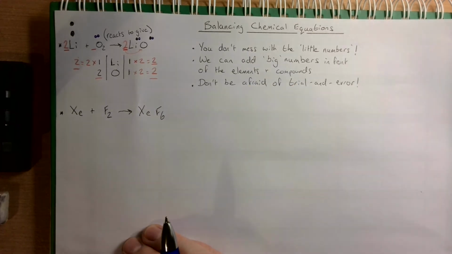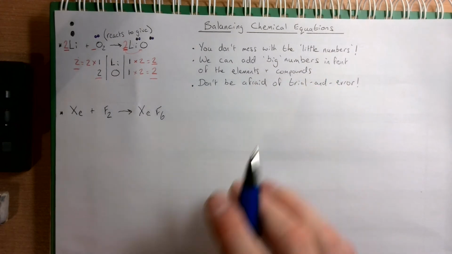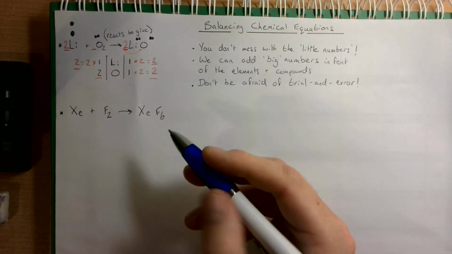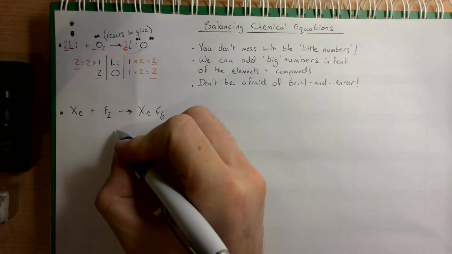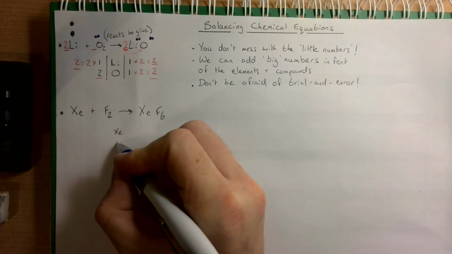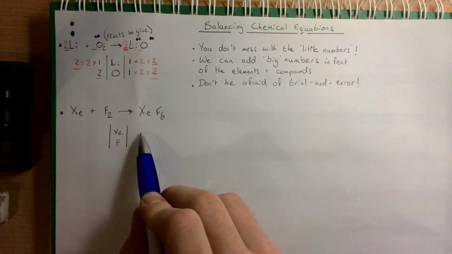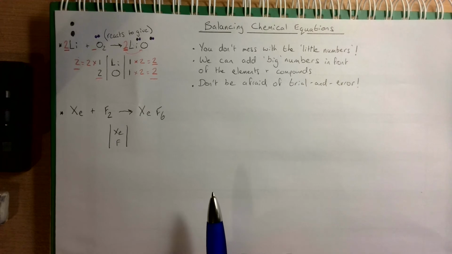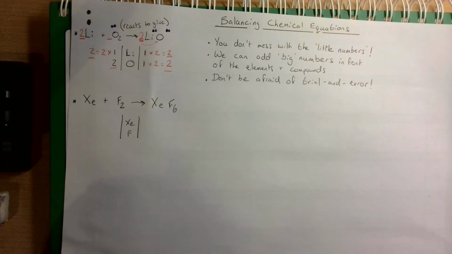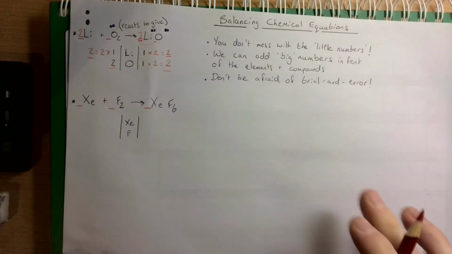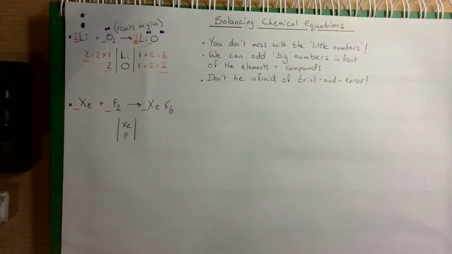Okay, so look at my rules and then write out the elements as they appear. Xenon, fluorine. Pop in the left and right of how many atoms of each element there are, and then try and balance the equation, with only putting numbers in front of the elements and compounds. Pause the video now and have a go, and then return to me in a second.